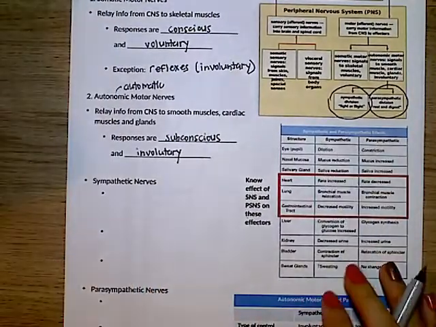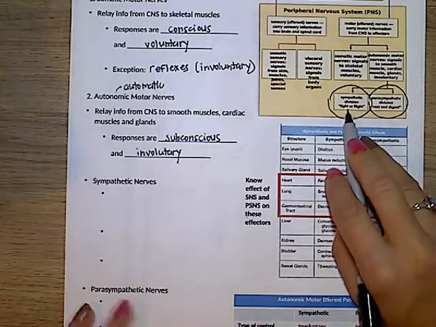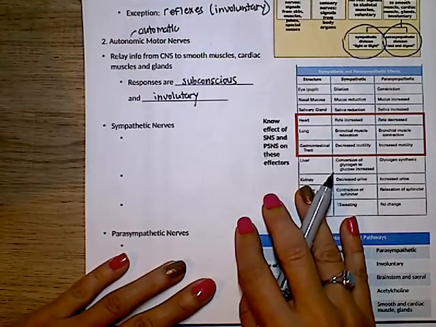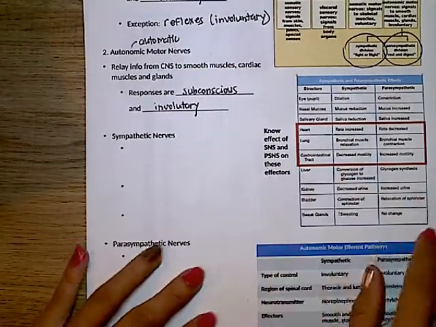So sympathetic nerves, so we're looking at this area of the chart right here, are active during times of emergency, excitement.